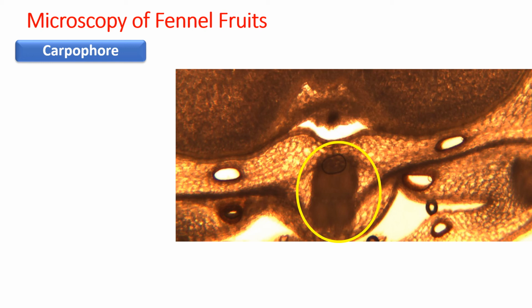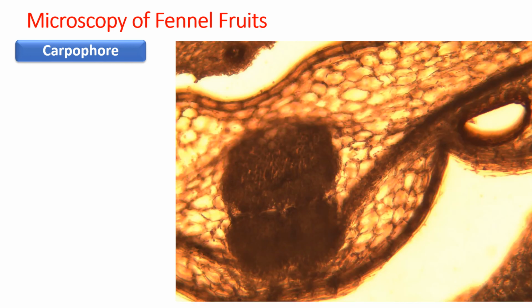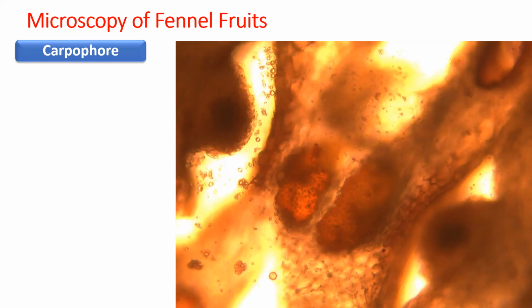This is located exactly at the center. This carpophore sometimes gets stained with phloroglucinol HCl. On staining with phloroglucinol HCl, it shows certain lignified cells in it.